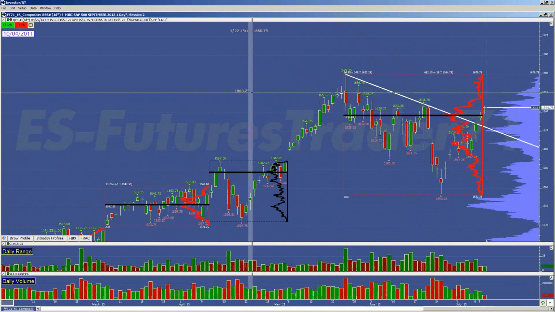If I can figure out where it has been and what it's trying to do based on the action I'm seeing, then I have a good chance of trying to predict, and it's just a probability, where it might go next. And my trades are being taken to speculate on where it might go next.